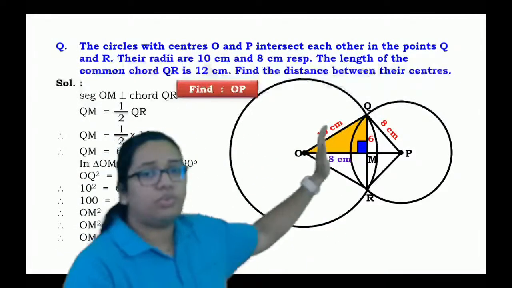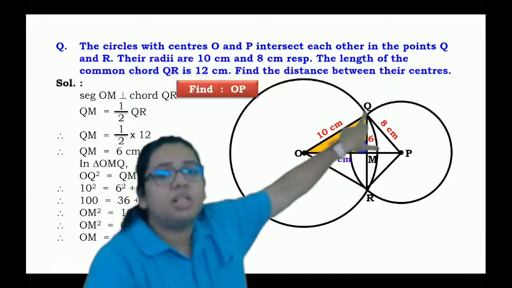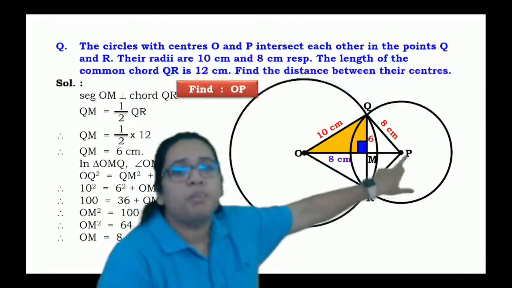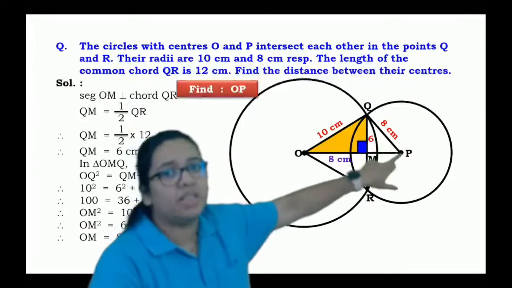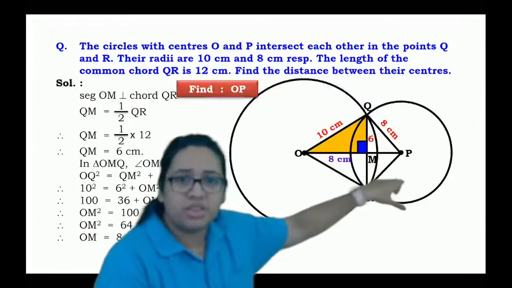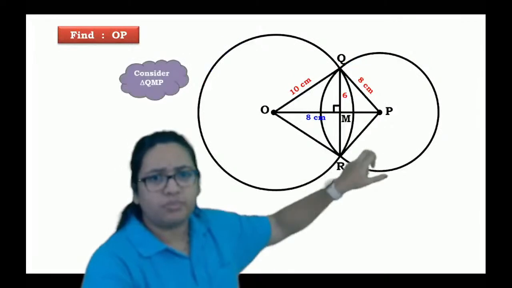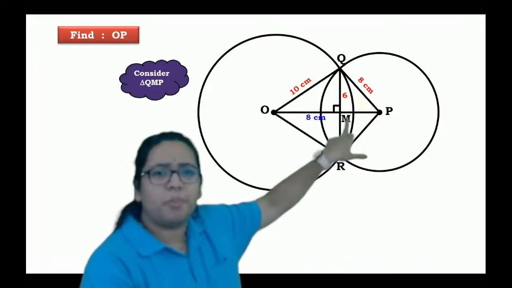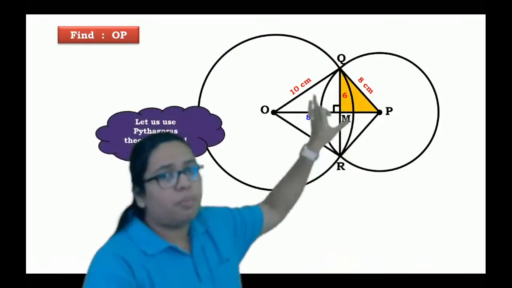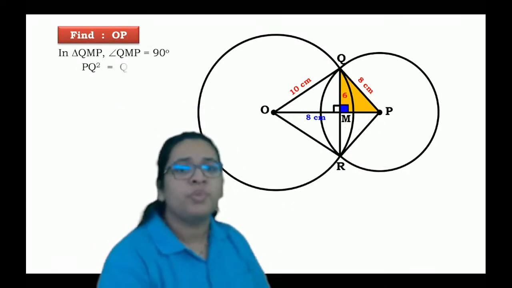As we have done for the triangle OMQ, similarly we can go for PMQ, because P is the center of this smaller circle and QR is a chord of that circle. So PM is perpendicular to this as well. Talk about this right angle triangle PMQ.